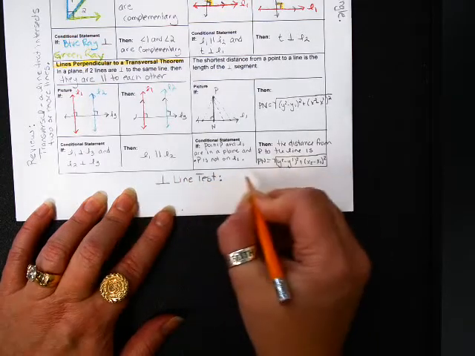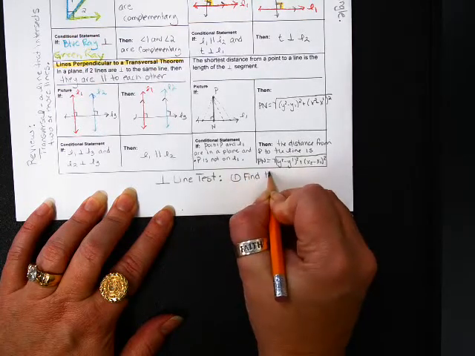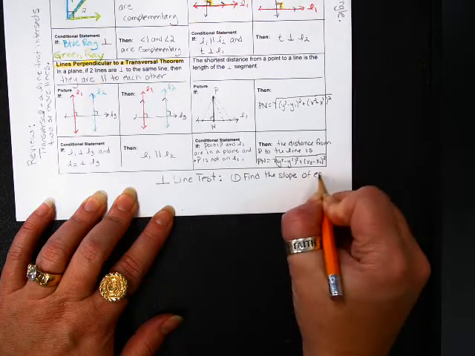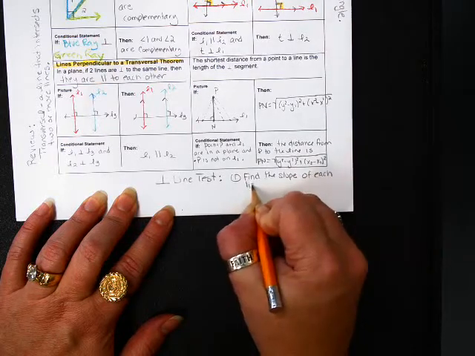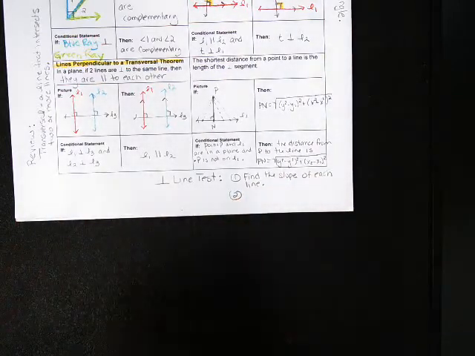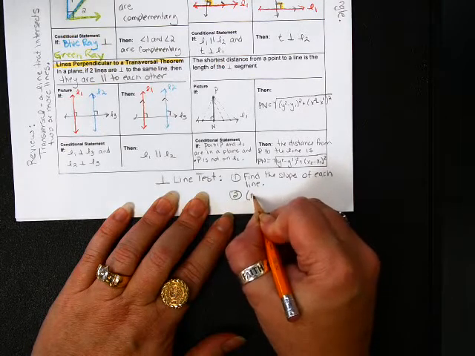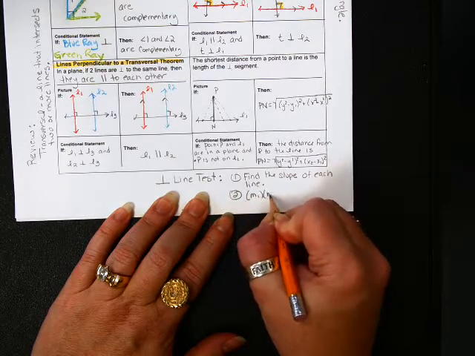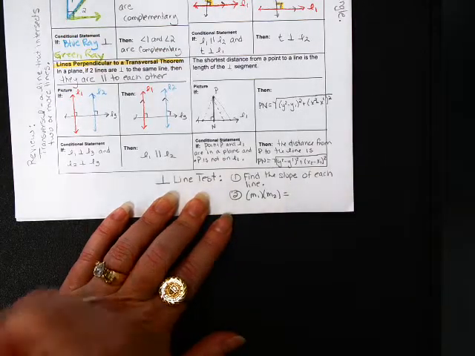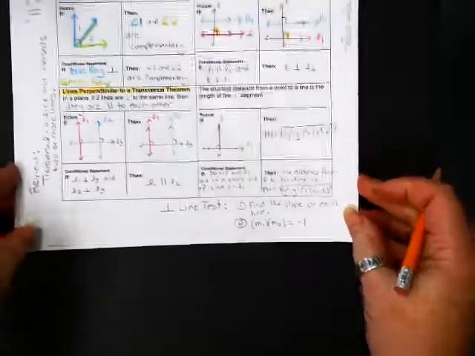That's where, first of all, you have to find the slope of each line. And then step 2, you have to check to see if it passes this test. The slope of line 1 times the slope of line 2 has to equal, very good, -1. All right, folks, that's it for today.